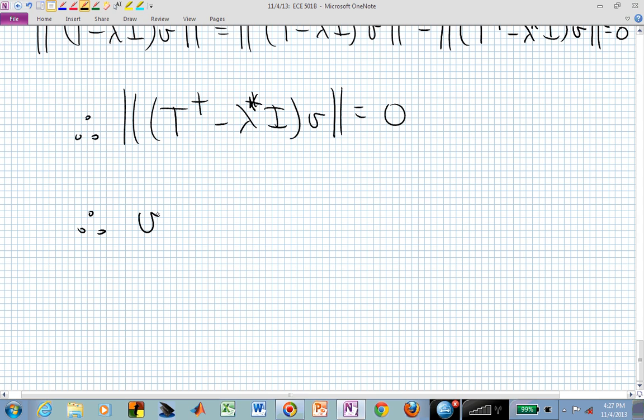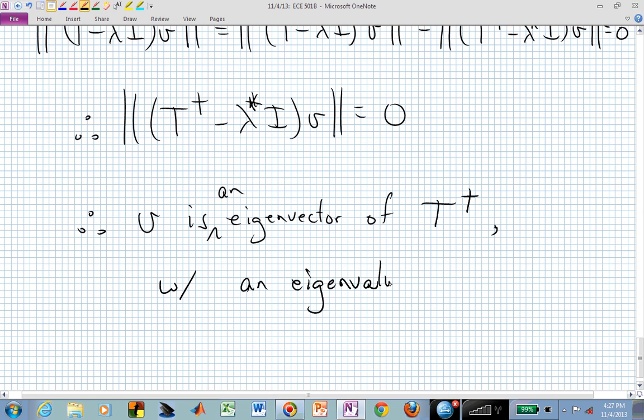That says v is an eigenvector of T dagger, by definition of an eigenvector, with the eigenvalue equaling the complex conjugate of the original operator's eigenvalue.